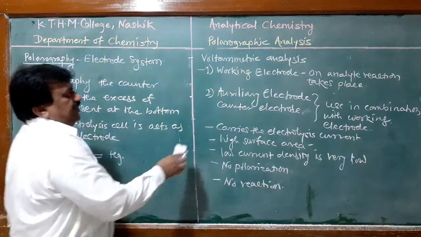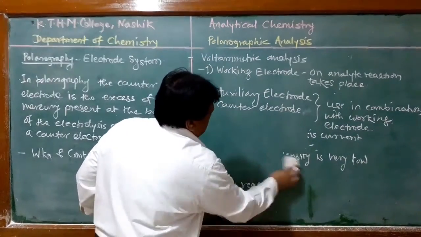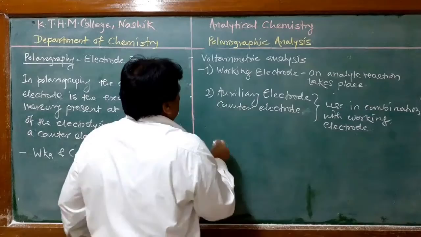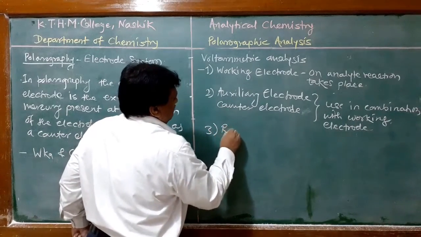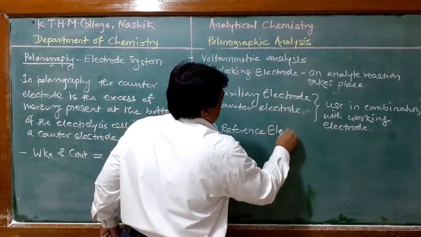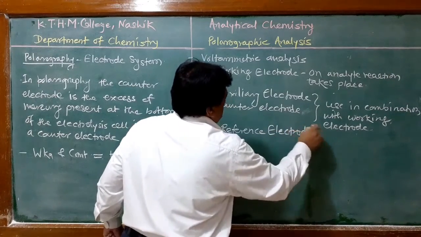The third electrode in voltammetric analysis is called a reference electrode. The purpose of this reference electrode is to control the potential of the working electrode.